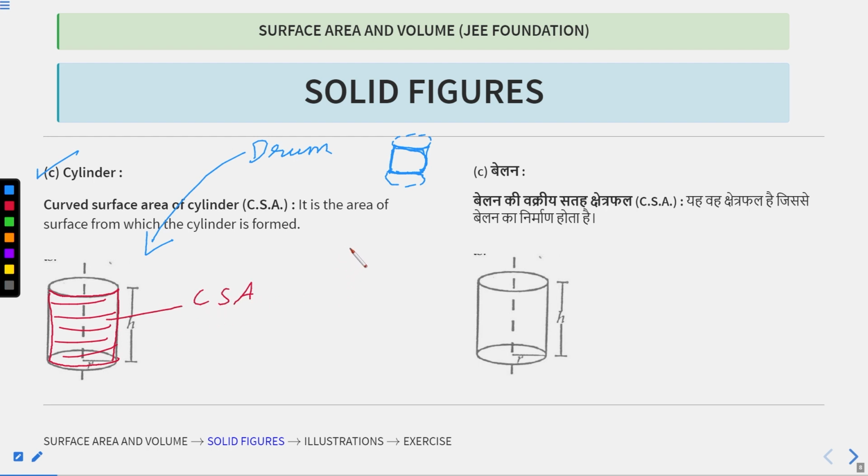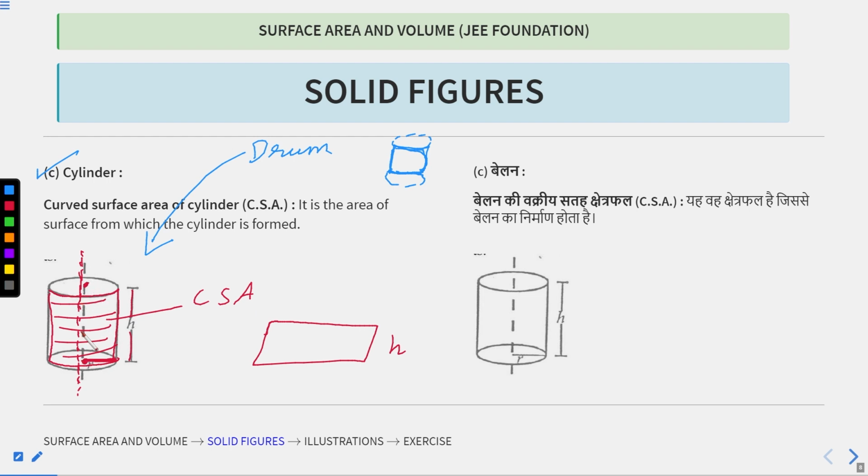So if you open a cylinder, or just cut a cylinder along the middle line, then you will get a rectangular piece with width h, because the cylinder height is h, and r is the radius of the circles up and down.